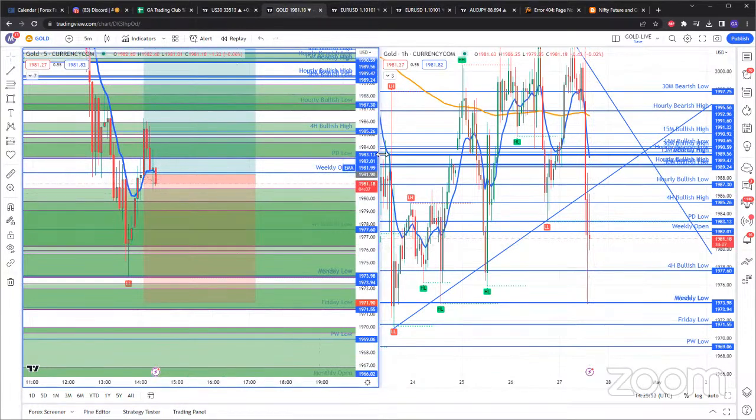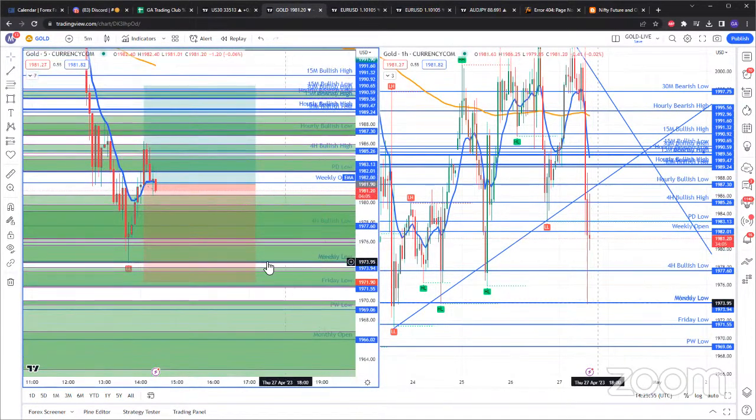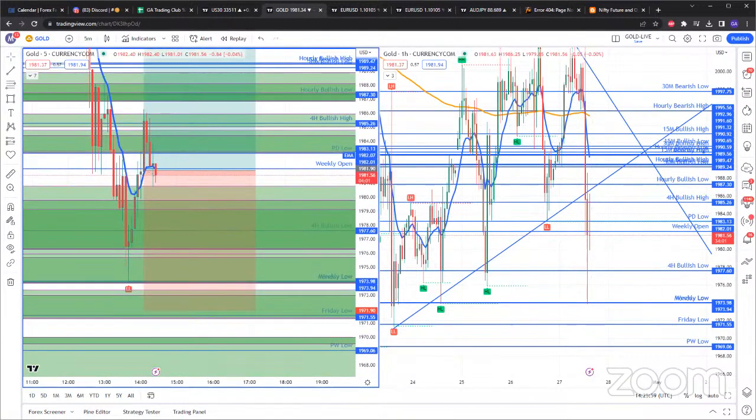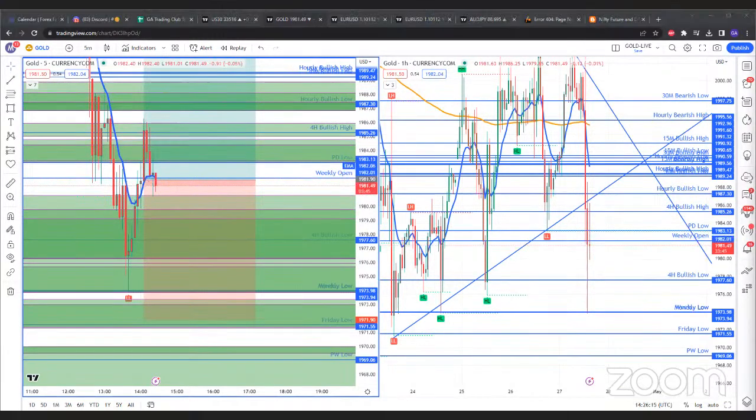But for me, I'm sticking to this trade primarily because we have nothing but demand zones in here. So the probabilities are still high for continuation to the upside. If price does come back up here, I would be looking to close this trade out at around the previous high. So let me see.